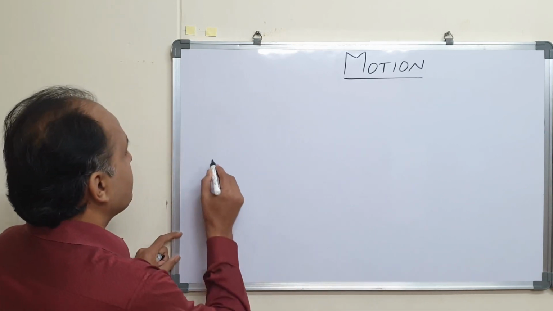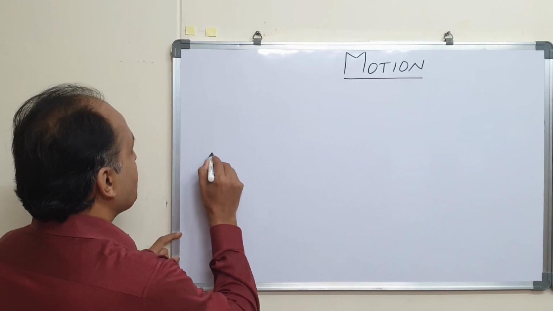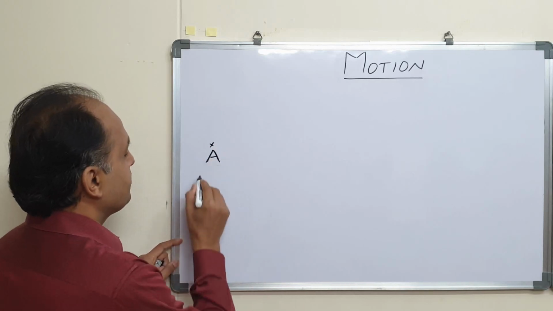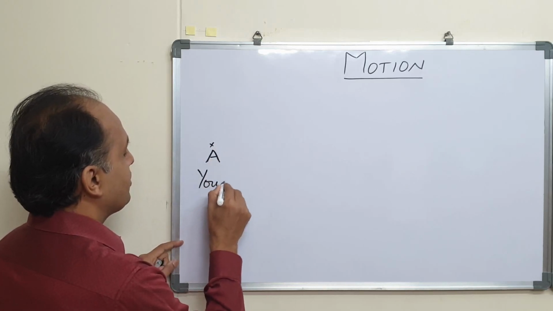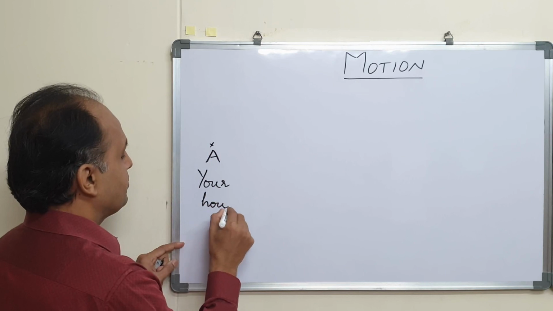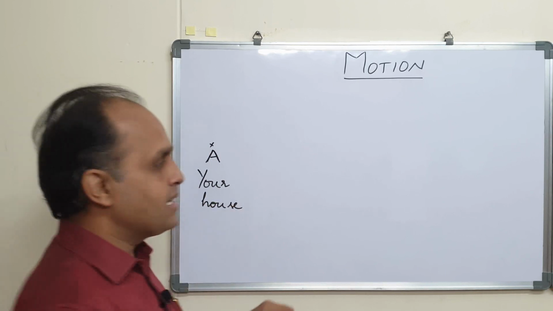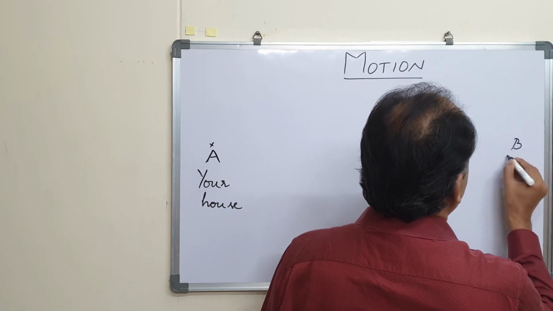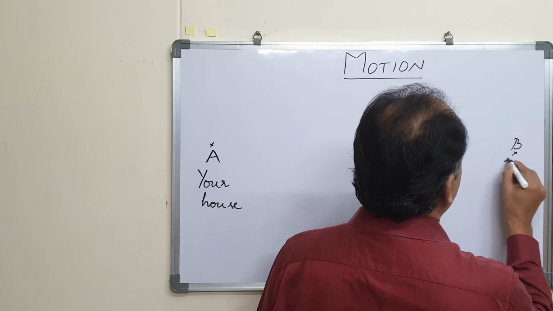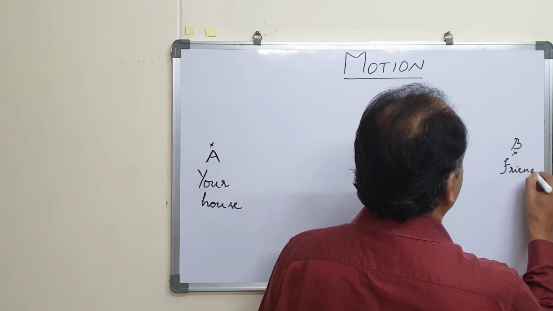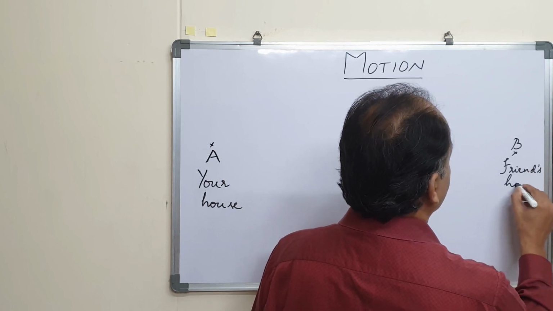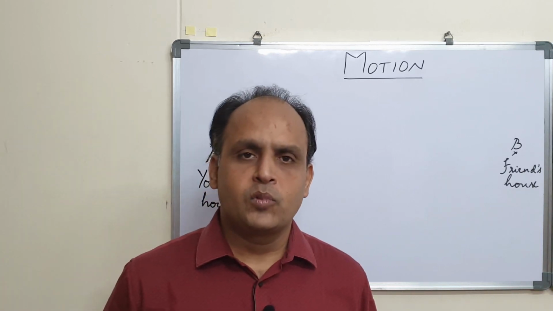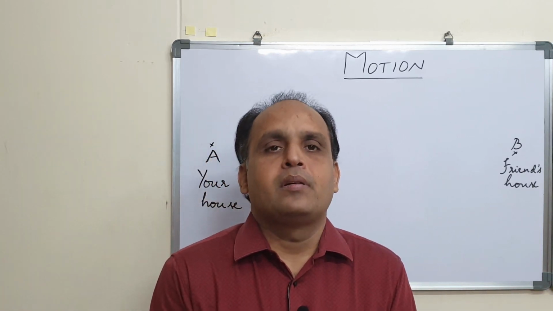So let us suppose that this is your house. Say A is your house, and somewhere over here, B is your friend's house or a relative's house. So the example remains the same.